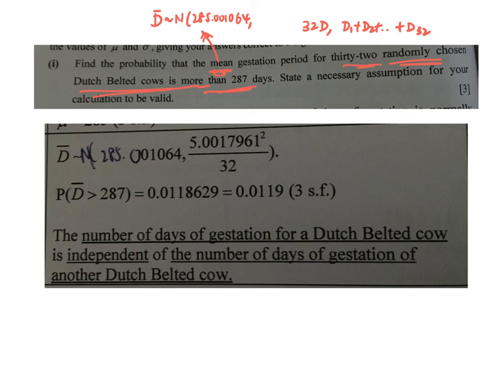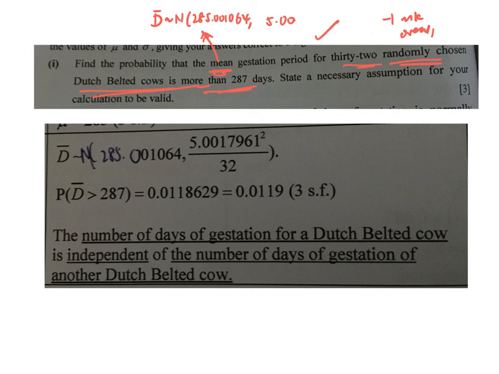And the sigma, a lot of you actually used the wrong sigma. You used 5.00. Because you used 5.00, I still give you the method mark, but I minus 1 mark overall. This is good, because if I minus all the answer marks, you will lose half the question.